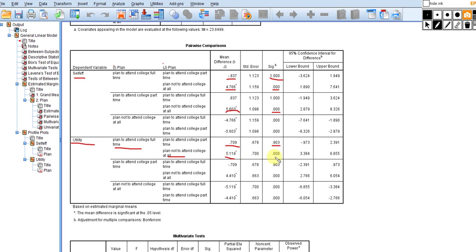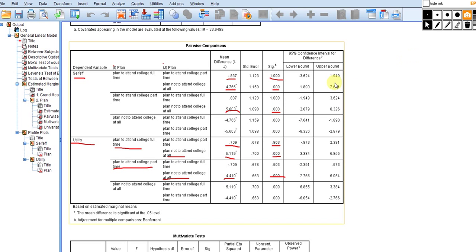So these are basically pairwise comparisons of adjusted group means for each of the dependent variables. And this might be one strategy as a follow-up to the univariate ANCOVAs that we discussed previously in this table.